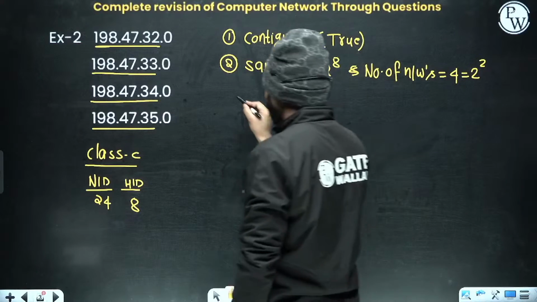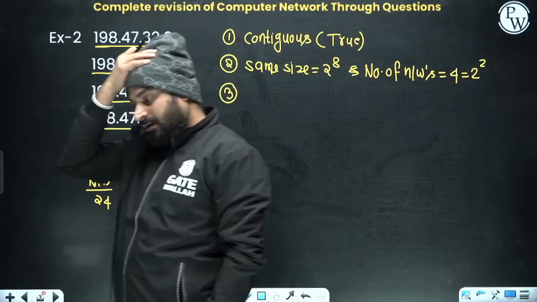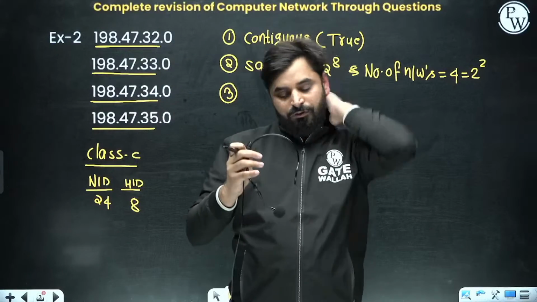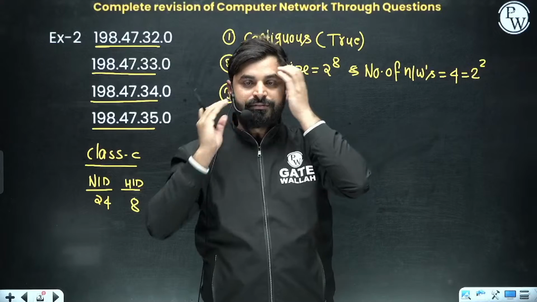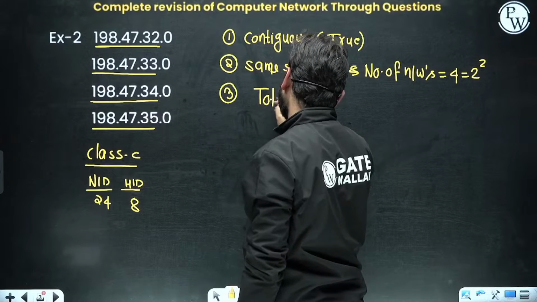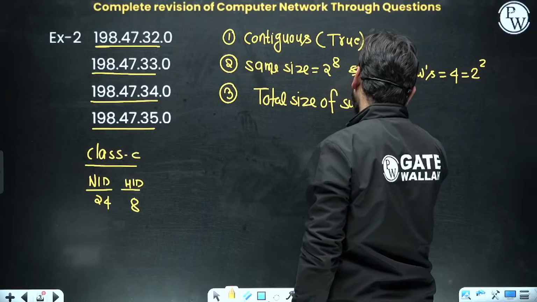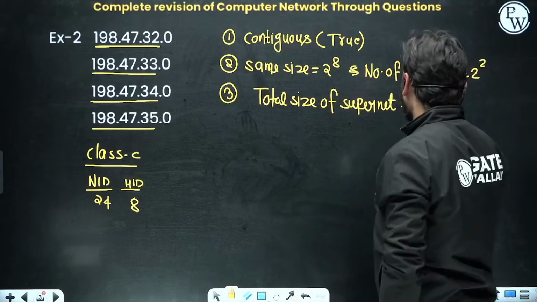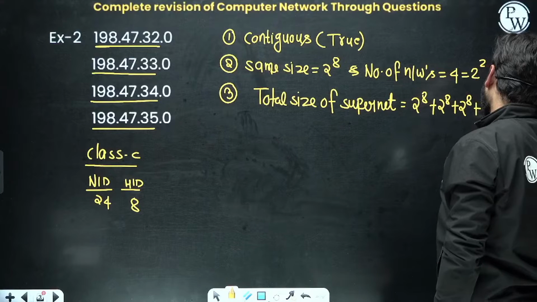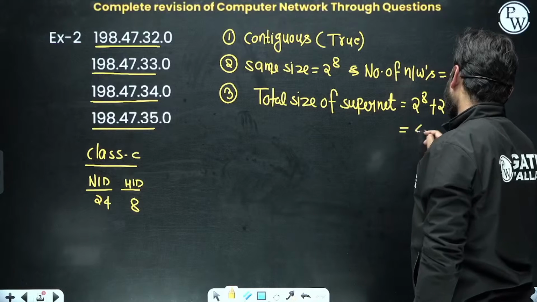Now, what is the third? The first network ID must be divisible by the total size of the supernet. So what is the total size of the supernet? It is 2 power 8 plus 2 power 8 plus 2 power 8 plus 2 power 8, which is 4 into 2 power 8.